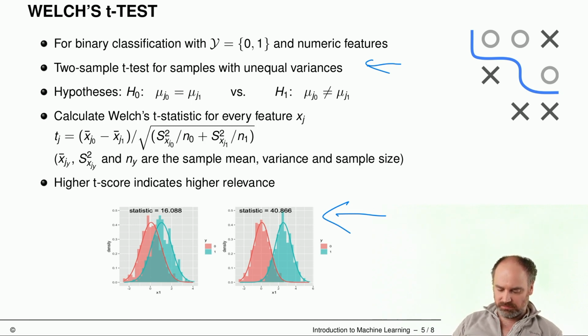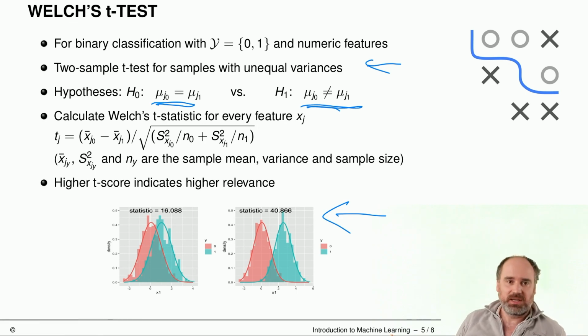So maybe I'm also assuming that my class conditional feature data distribution is roughly Gaussian. Then I could run a t-test for the hypothesis of there being no difference in mean values between the two distributions versus there is actually a difference.